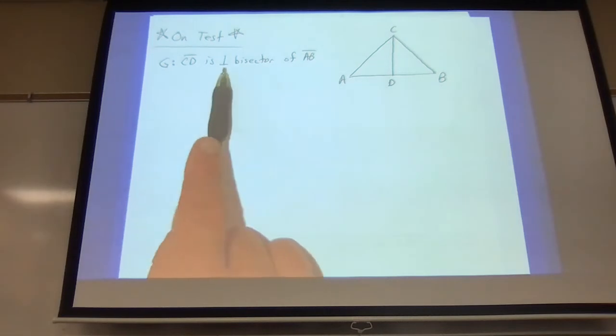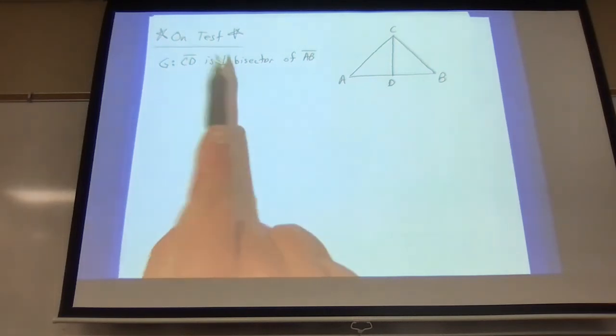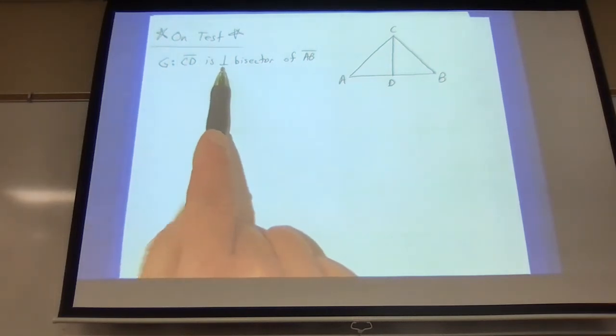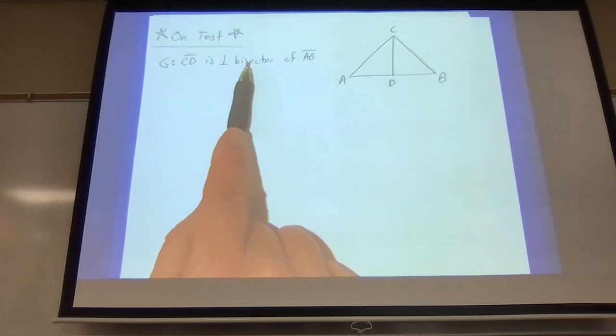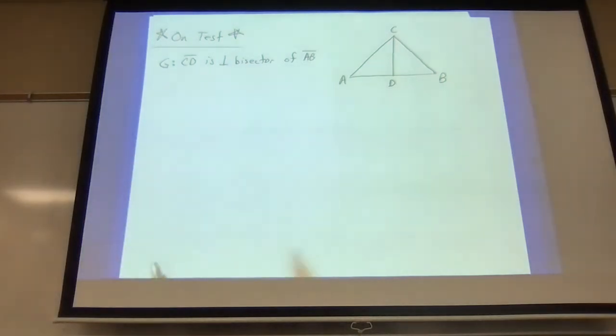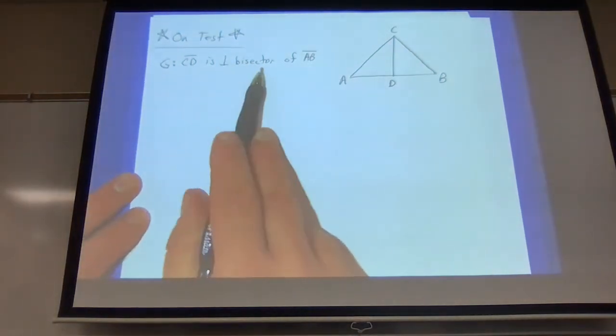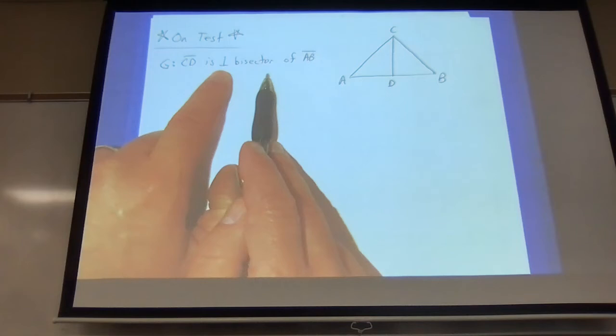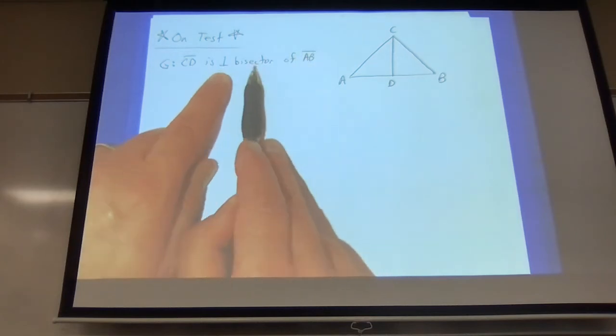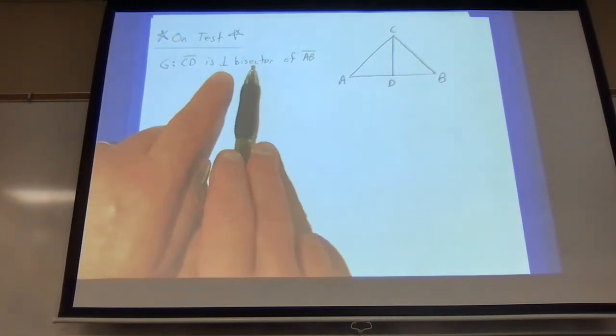And a perpendicular bisector is going to do two things. Perpendicular part is going to give us right angles. Bisector part is going to split the side in half. So when we go to this proof, when we do the perpendicular bisector part, we have to do both parts. We got to show that we have 90-degree angles. We got to show that these two sides are splitting in half.